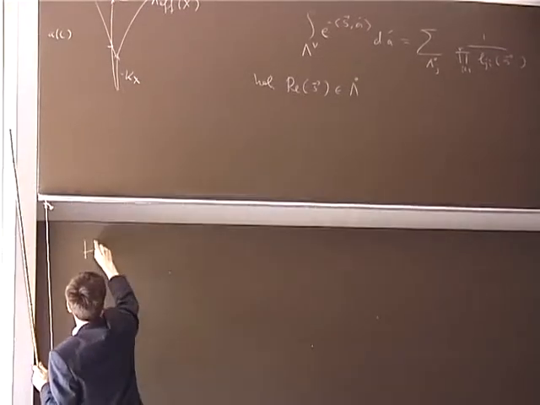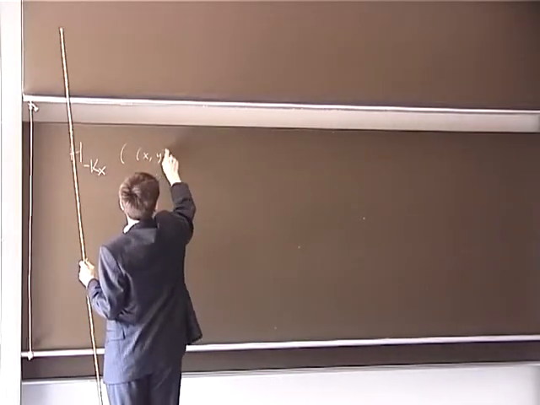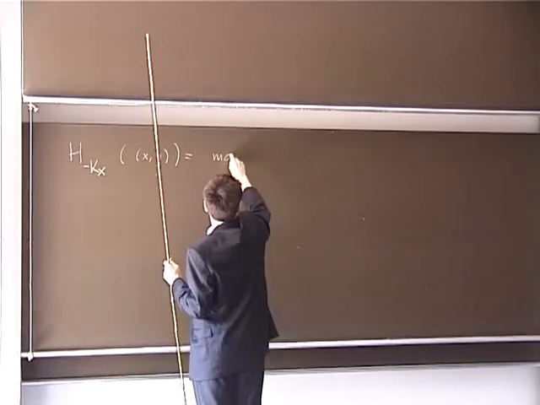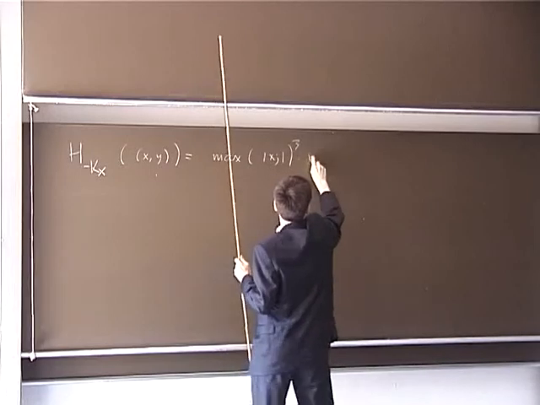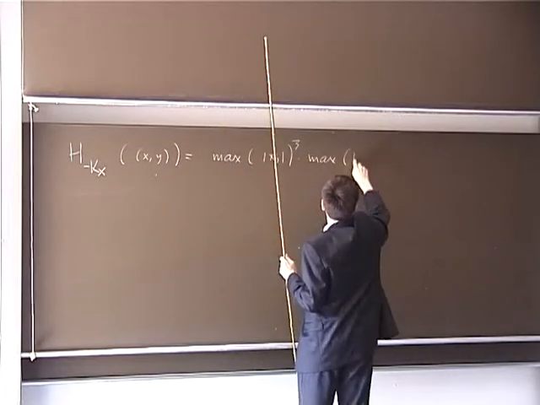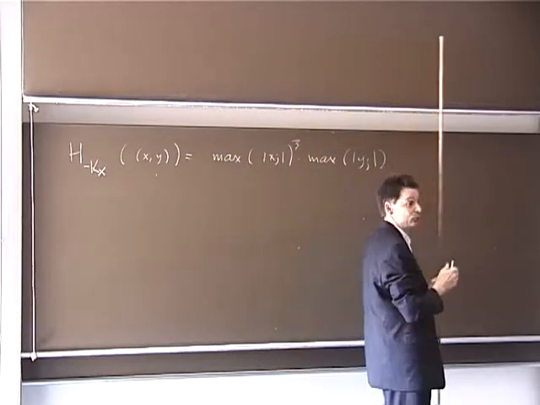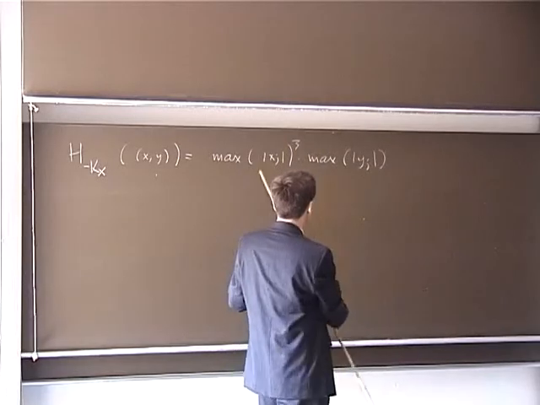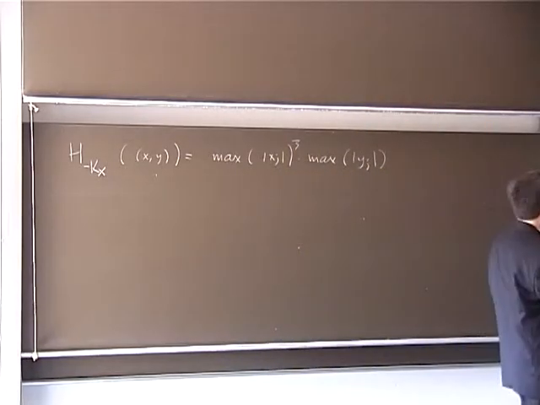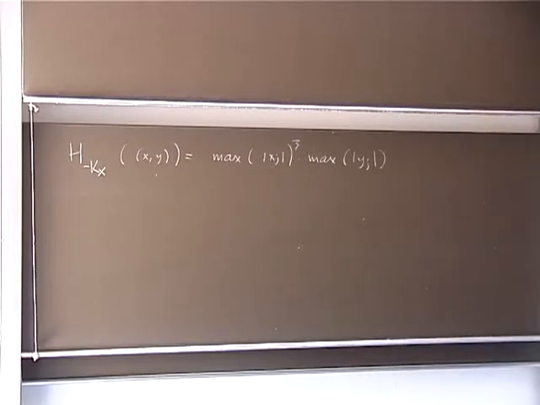So the anti-canonical height on that variety, at (x,y), is the maximum of the x's cubed times the maximum of the y's. And then you want to count. I mean, what could be easier? Count how many x's and y's there are satisfying the inequality less than or equal to B. So why do I say it couldn't be easier?